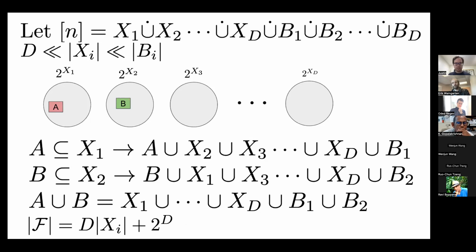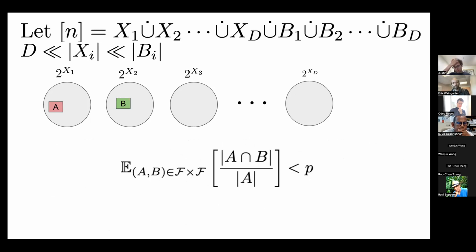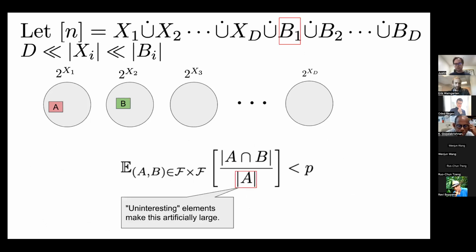Okay, so let's check that this quantity is small. If you imagine taking a random pair A and B, in the event that you got some A that's in xi and some B that's in some disjoint xj, their intersection is going to be small because of these gigantic B_i's that we tacked on.